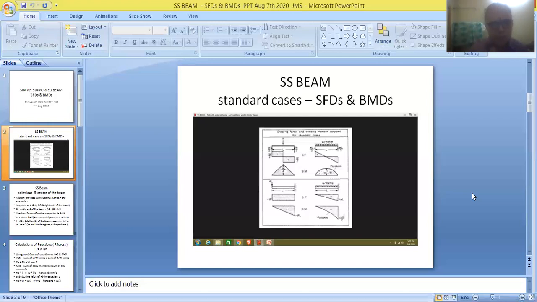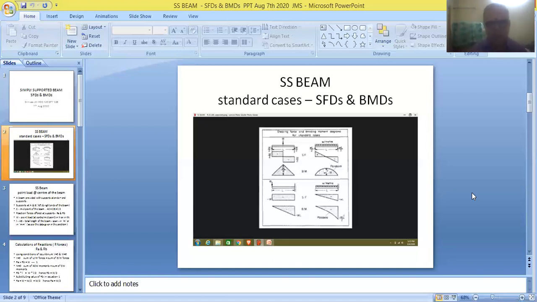This will not happen in the case of a cantilever, but in the case of a simply supported beam, before starting the problem, we have to measure the values of RA and RB. It is very much required for preparing shear force and bending moment equations.